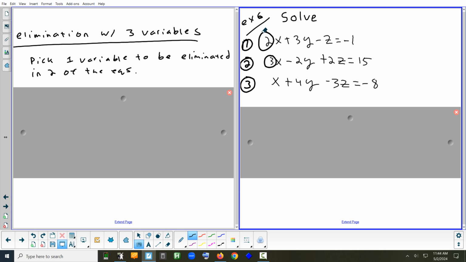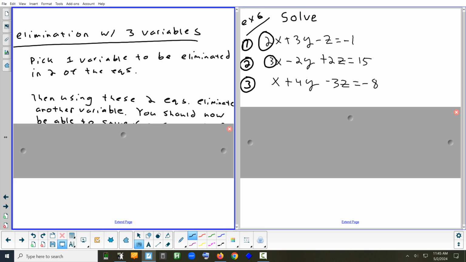That's probably what I would do. The Z would be okay because the Z in equation 1 is a negative, but I would rather work with a +1 coefficient than a -1. It's not that much harder. Okay, so you're going to pick a variable, and we're going to eliminate it in 2 of the equations.